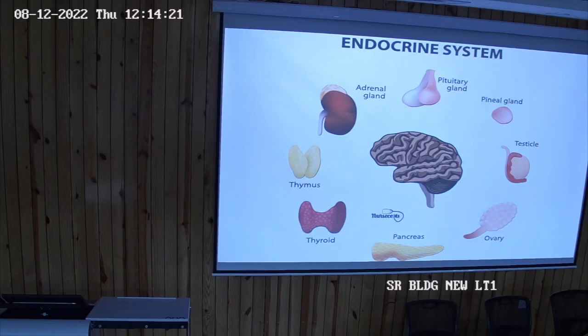This hormone acts on the suprarenal gland. Then comes the hormone FSH, follicle stimulating hormone. FSH acts on the gonads. In the female, it forms the part of the ovary, and in the male, it forms sperms. That is FSH, which acts on the gonads in both male and female.